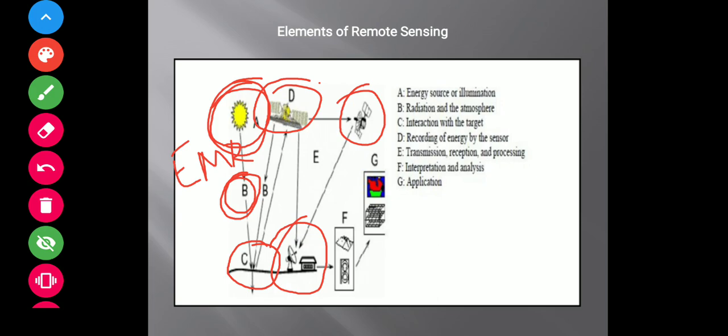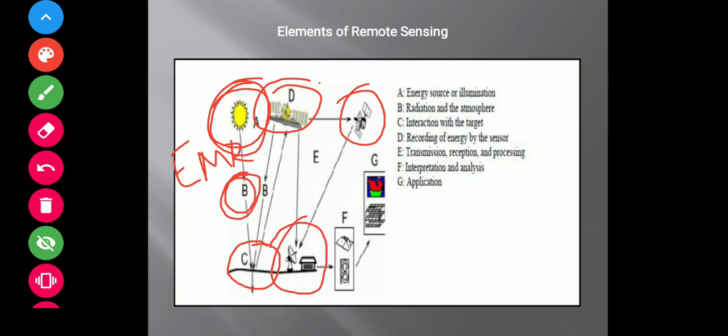Now, what is being done in the geocenters? The energy recorded by the sensor is transmitted, often in electronic form, to a receiving and processing station. That is E, where the data are processed into the image.